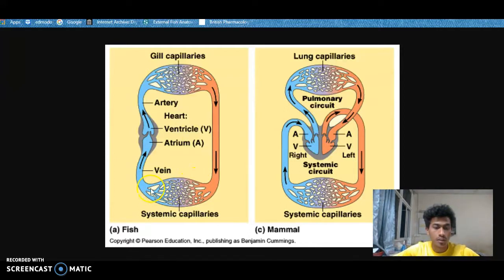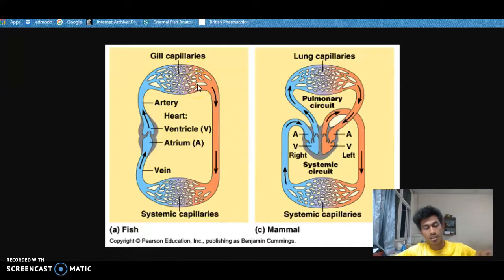When the deoxygenated blood enters the atrium from the systemic capillaries, then it will transfer to the ventricle. Then the ventricle will contract to pump the deoxygenated blood into the gill capillaries.